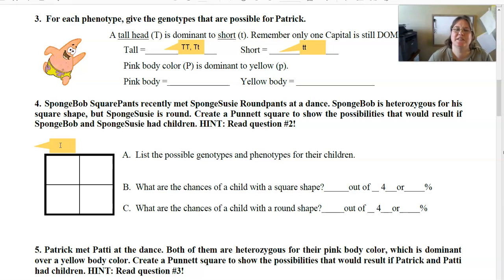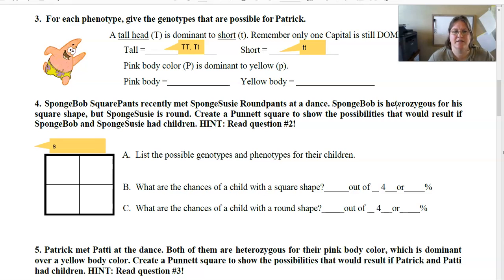Well, SpongeBob SquarePants has a square shape, but it says right here that he's heterozygous for a square shape. So SpongeBob's going to get an S here, and an S here, and then I'm going to go across here. If it's heterozygous, he's got to have one of each, one capital and a lowercase.